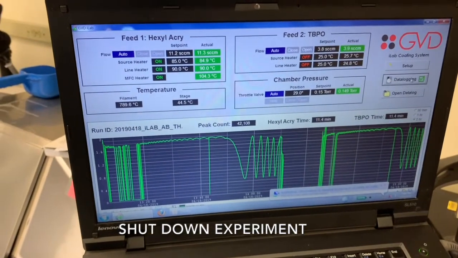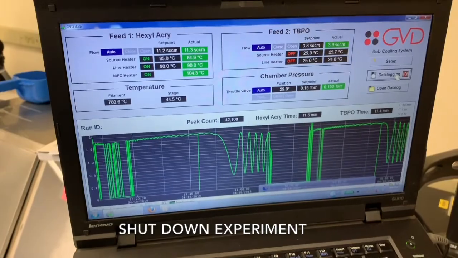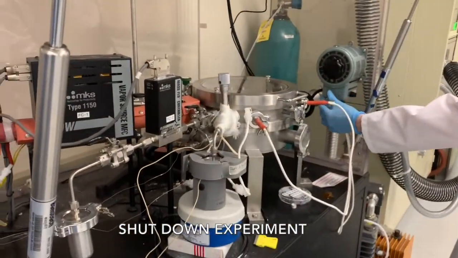Once this was achieved, the experiment was then shut down by cutting all flow of hexyl acrylate and tert-butyl peroxide.